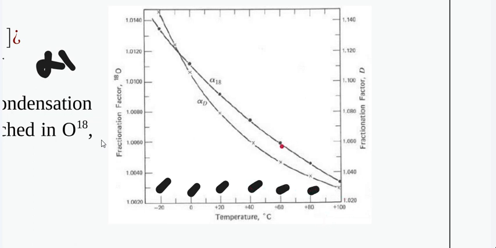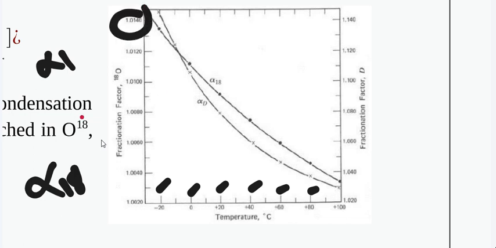So with increase in temperature, the alpha 18 value decreases. The highest is 1.0140. Then it continuously decreases. So write down: with increase in temperature, the isotopic fractionation factor of oxygen decreases.